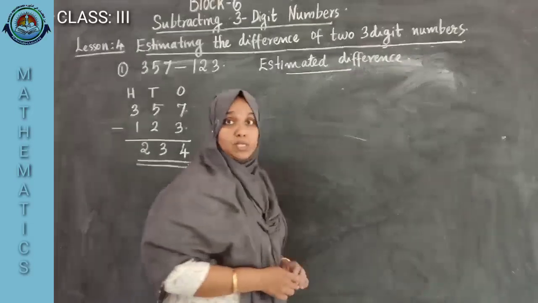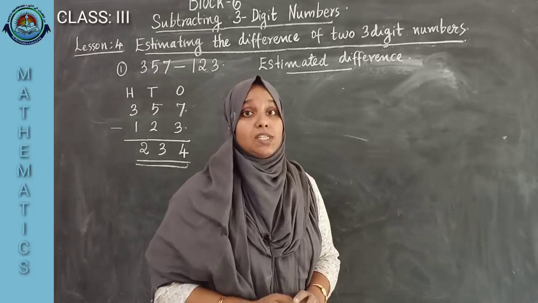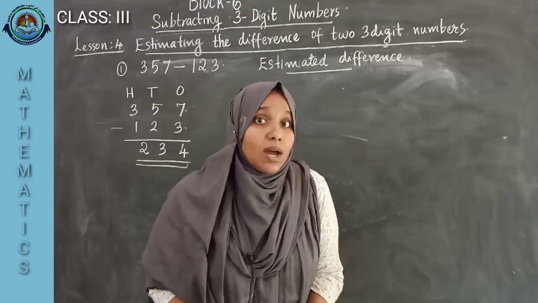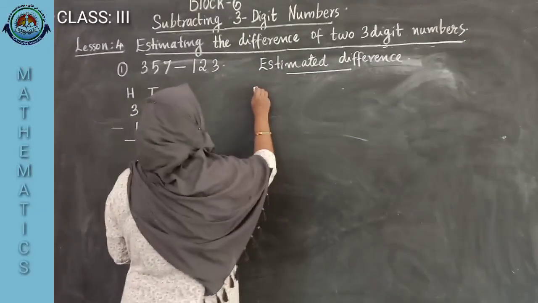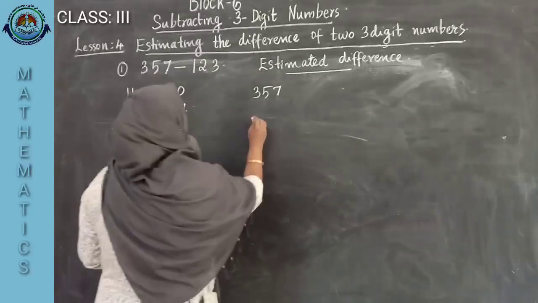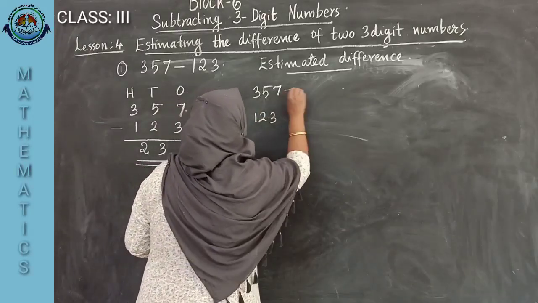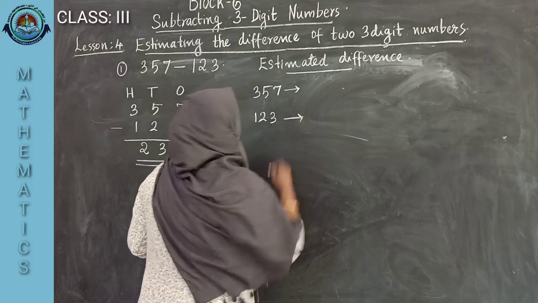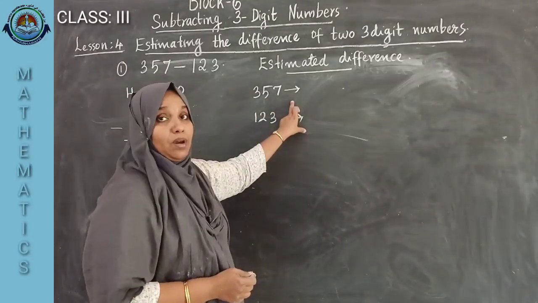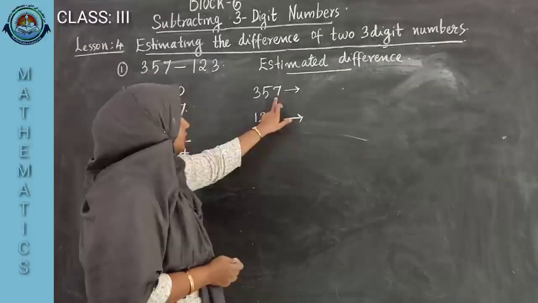So what is the first step while doing the estimation of two 3-digit numbers? We have to round off to the nearest 100. So write the two numbers first: 123 and 357. How to do the rounding off?